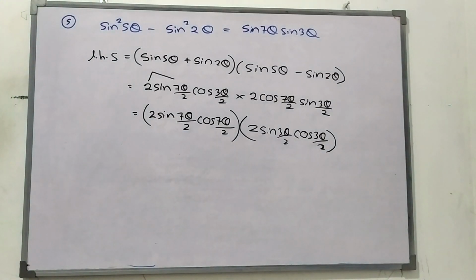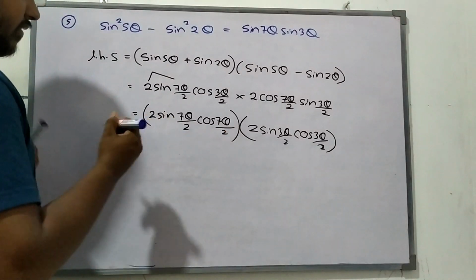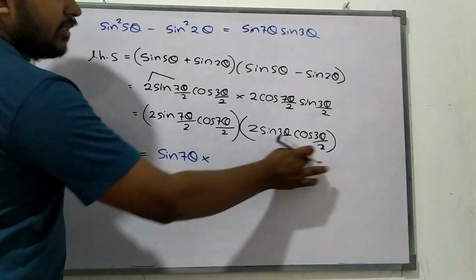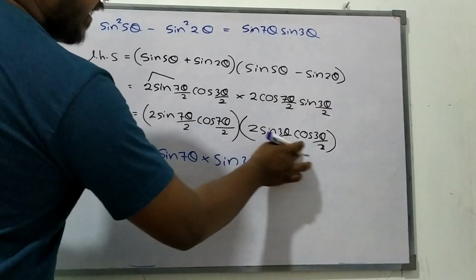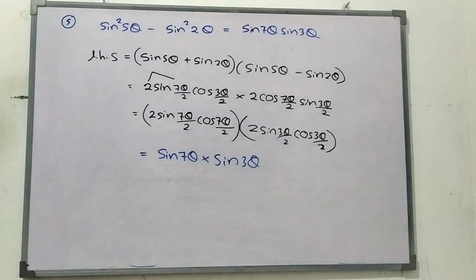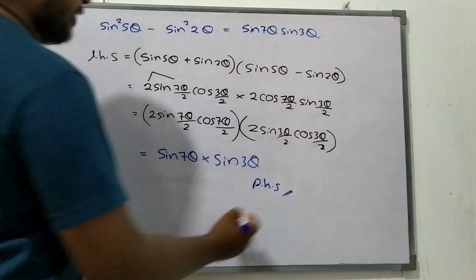So then actually this is our sin 7 theta, this is our sin 3 theta, right? So the double angle expansion, right? Right hand side.